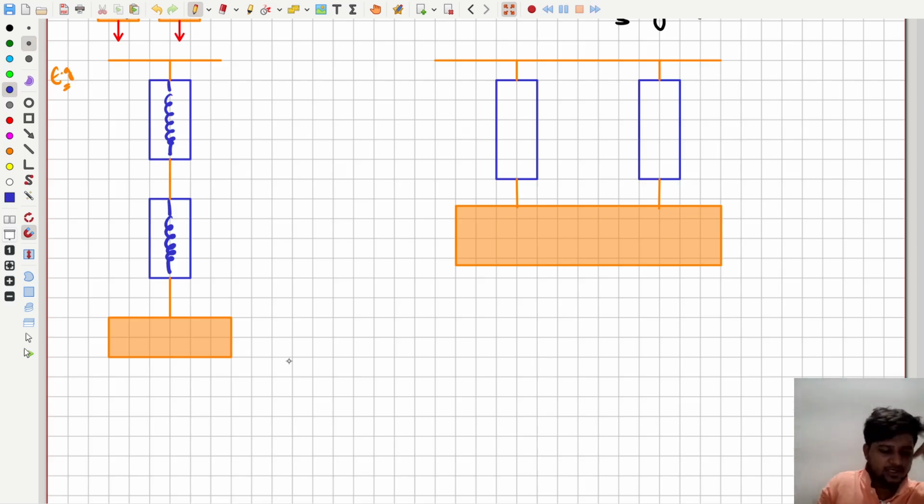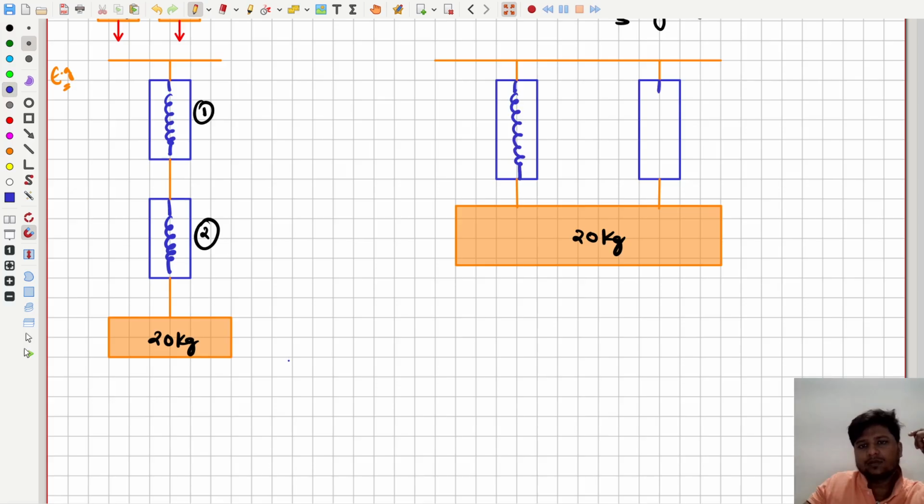Both are of the same spring constant, and I am connecting over here 20 kg and over here also. Find the reading of each spring balance. Call it first, second. Similarly over here, first and second. Clear?